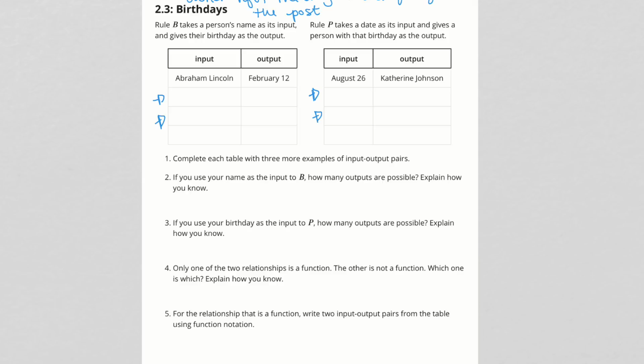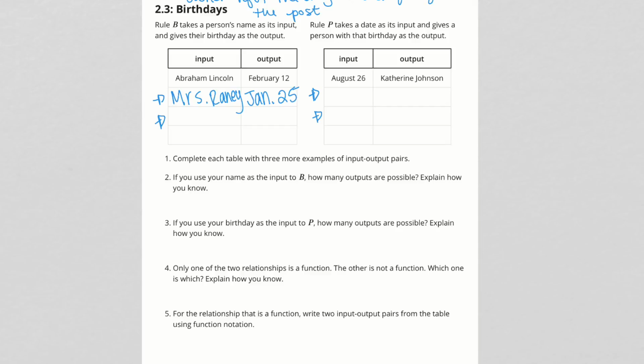So it says to complete each table with 3 or more examples of input-output pairs. If you use your name as the input to B, how many outputs are possible? So let's put Mrs. Rainey right here. And the output is going to be my birthday, which is January 25th.